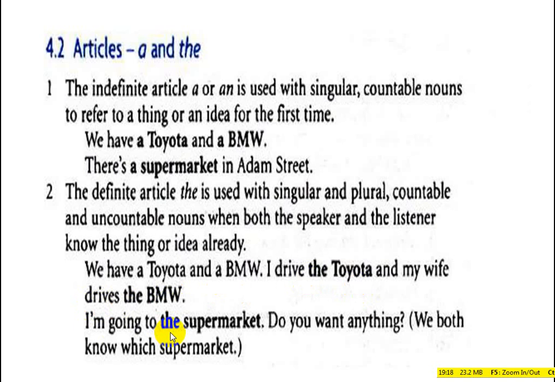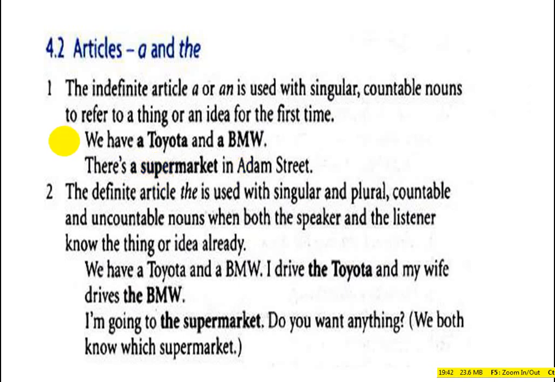I'm going to the supermarket. Do you want anything? Because we both know which supermarket. Here we use the indefinite article because we do not know the supermarket. We now know it for the first time.